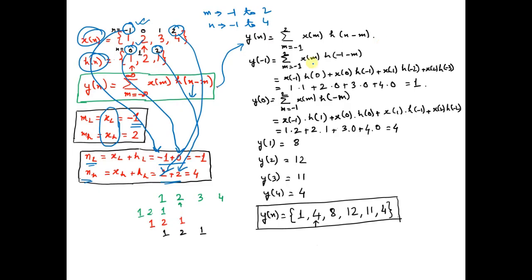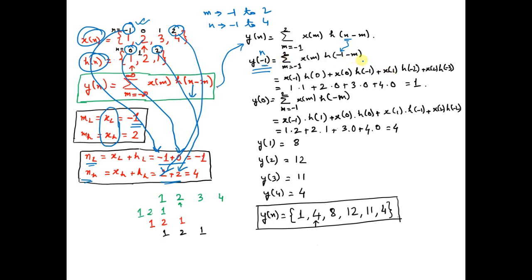Okay. Now for finding out y of -1, this is n. Summation of m equals -1 to 1, x of m, h of n minus m, because here we have taken the n value as -1.